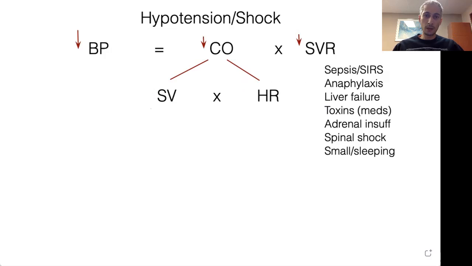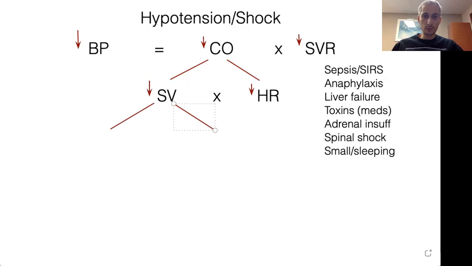And if you find that the heart rate is 30 and you have acute bradycardia concurrent with the onset of hypotension, then that may be the cause. But if the heart rate is normal or high, then the problem must be stroke volume. And stroke volume is in turn determined by preload and contractility.